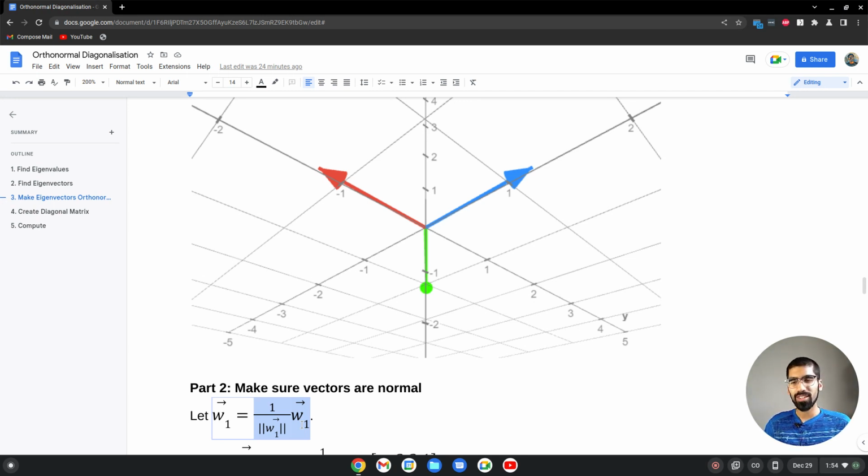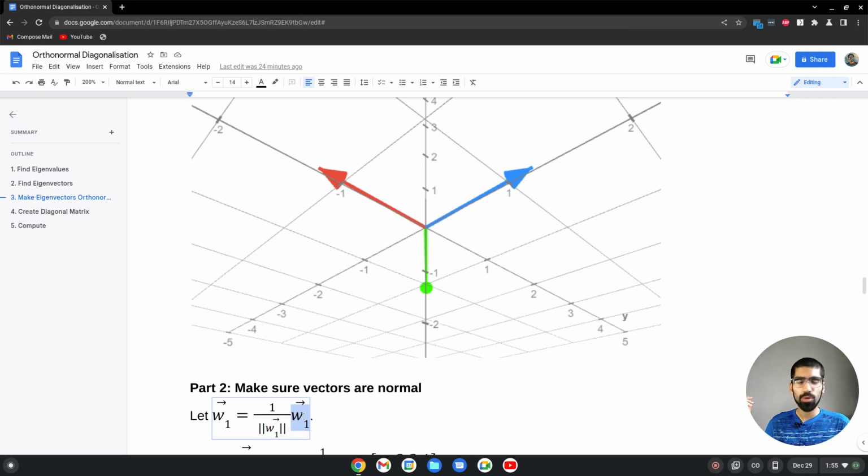The intuition is, if you had the scalar 8 and you wanted to get it back to 1, you'd divide by how big 8 is. Well, 8 is 8 big, so 8 divided by 8, you get 1.